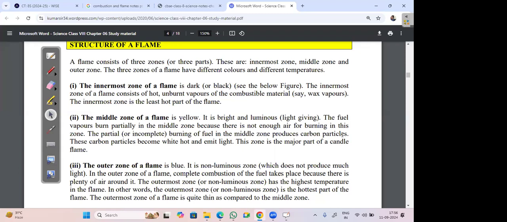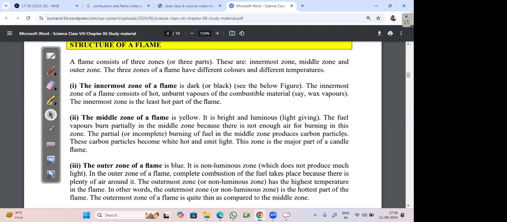In a candle you will observe a lot of the yellow zone. But if you observe the flame of your Bunsen burner, the yellow part of the flame is very less. Hence the visibility will be very less. It will not be luminous. It will not produce light. Rather, it will be producing heat.